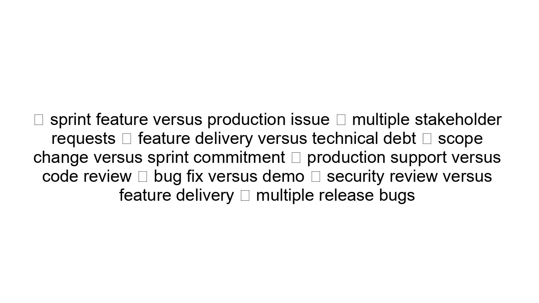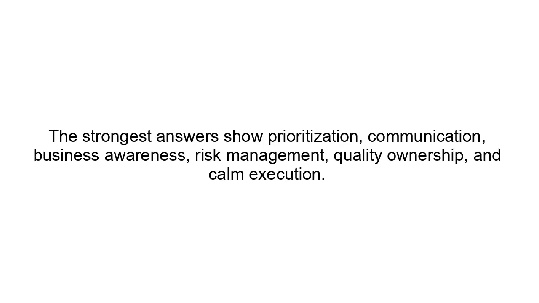Good examples include sprint feature versus production issue, multiple stakeholder requests, feature delivery versus technical debt, scope change versus sprint commitment, production support versus code review, bug fix versus demo, security review versus feature delivery, and multiple release bugs. The strongest answers show prioritization, communication, business awareness, risk management, quality ownership, and calm execution.